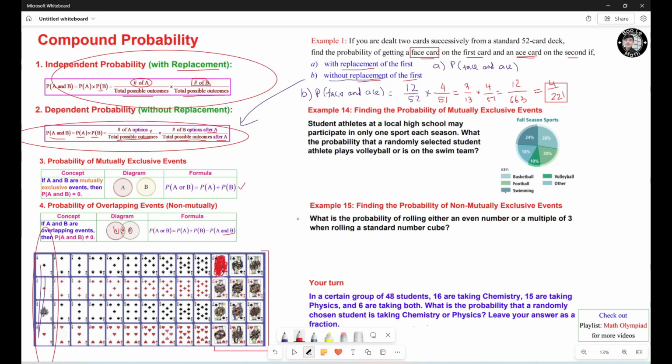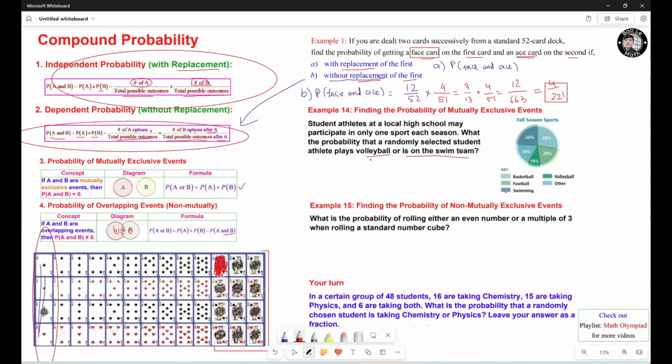Alright, so let's take a look at example number 14 and 15. Student athletes at a local high school may participate in only one sport each season. What is the probability that a randomly selected student athlete plays volleyball or is on the swim team?